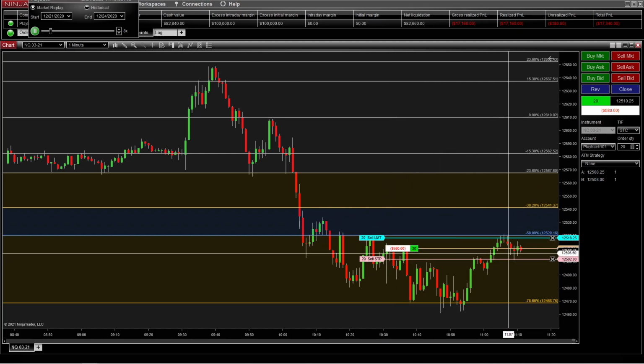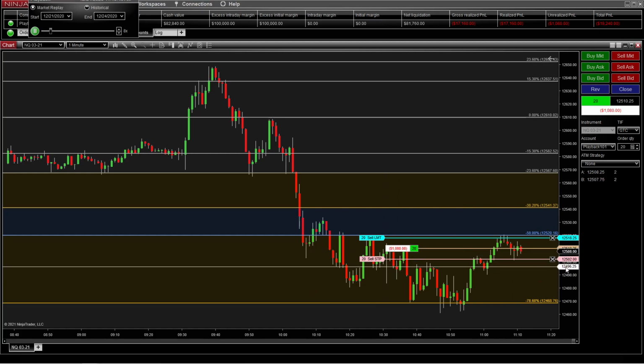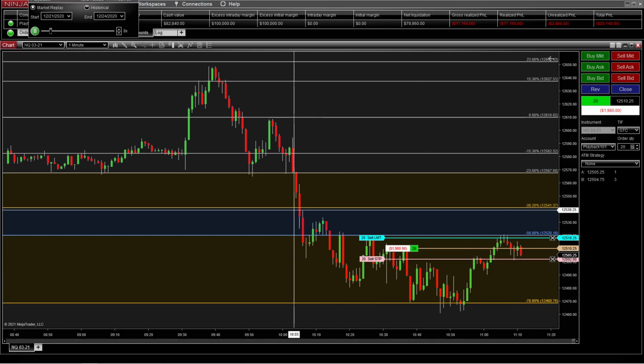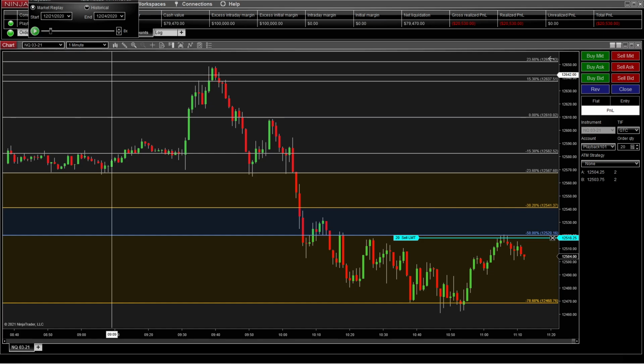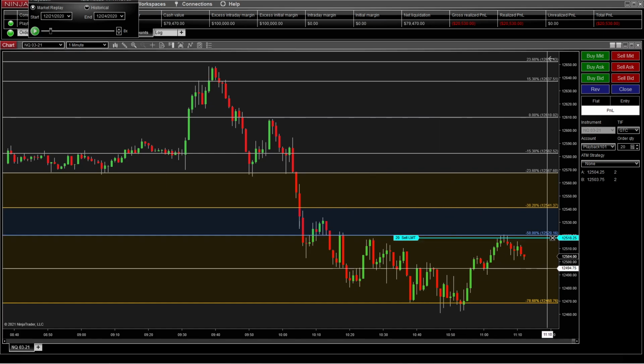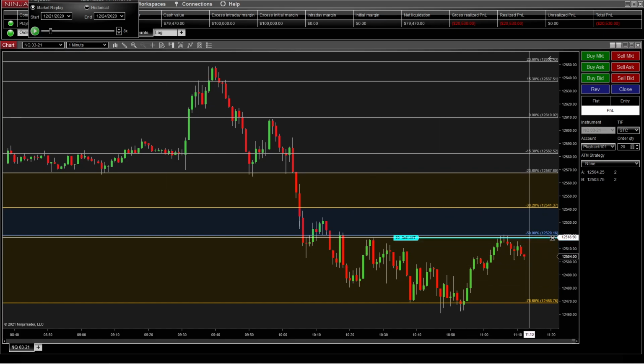As soon as one hits, the other one will still be there. And then when it's there, now you're in another buy. So if this thing reversed and came up and hit it, you would be in a buy without any kind of stop or profit target. So let's let this go through and you'll see. See if it'll go up and hit it.